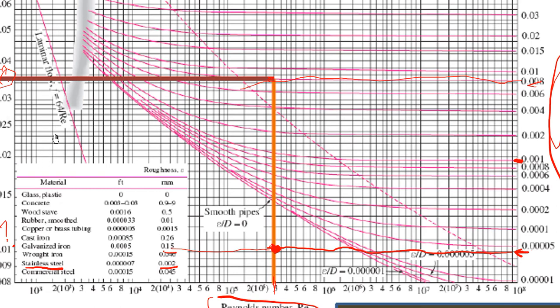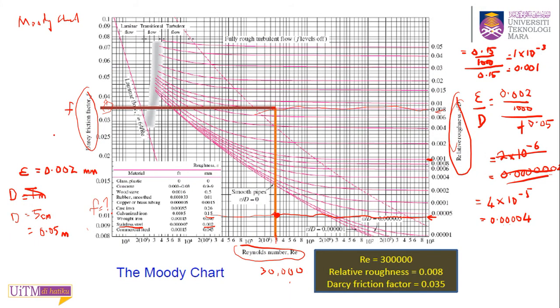Okay, and if you do that, you will get the friction factor equal to 0.023 somewhere here.